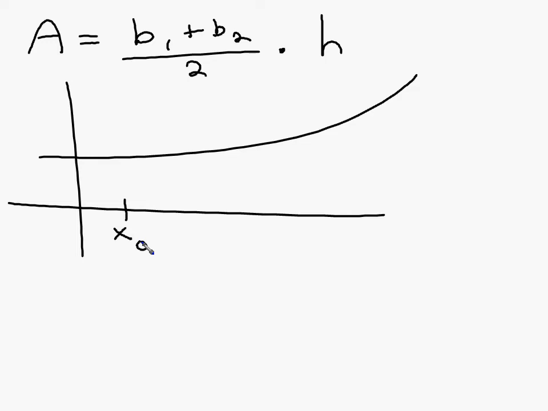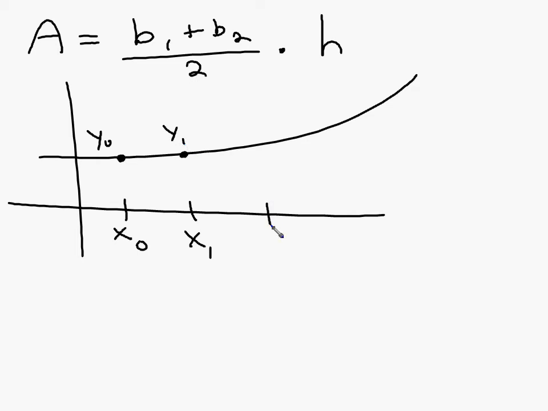And of course, then this point up here would be y sub 0. And let's say that my next division is here at x sub 1, which would make this point y sub 1.